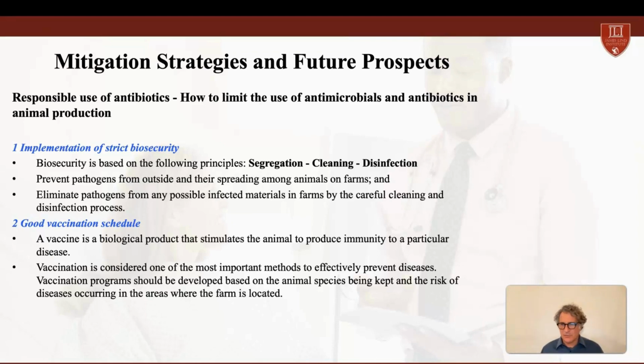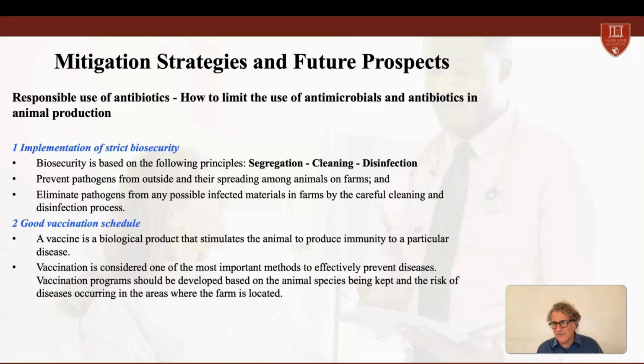Good vaccination schedule. This is one of the most important aspects for animals from the veterinary point of view. A vaccine is a biological product that stimulates the animal to produce immunity to a particular disease. So vaccination is considered one of the most important methods to effectively prevent disease.